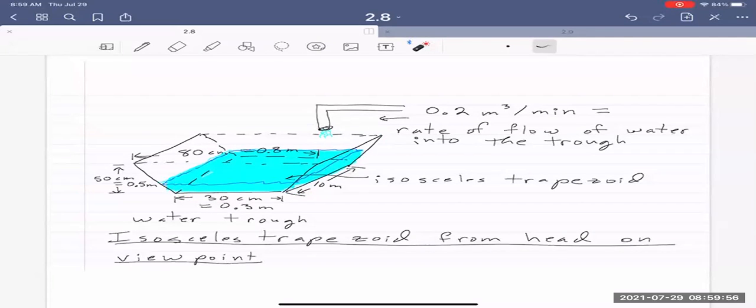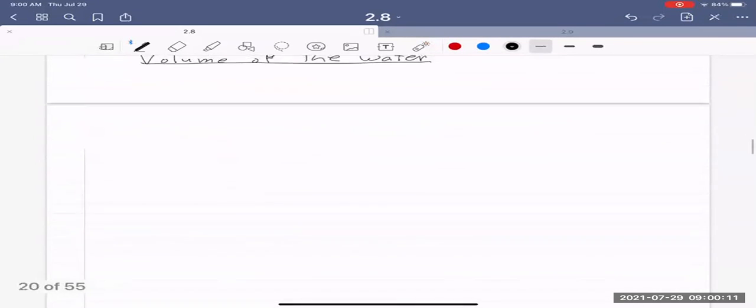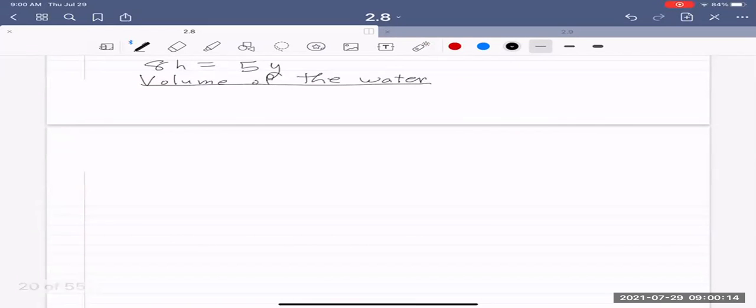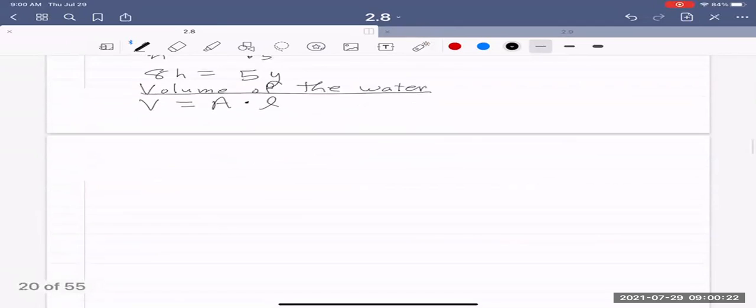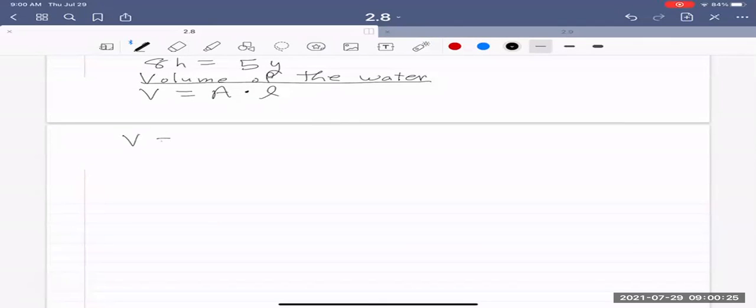We recall that the volume of a cylinder is the area of the base times its length, its height. Well, it's a trapezoid, so it's 1/2 B1 plus B2 times H. And then we still have that L.